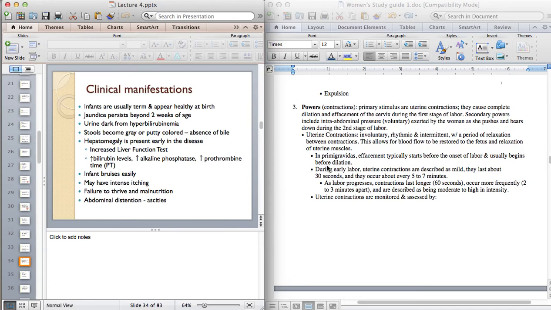The liver is not functioning. The prothrombin time is affected also. And what is the function of the prothrombin? Okay. So because the prothrombin is affected, that child will bruise easily.